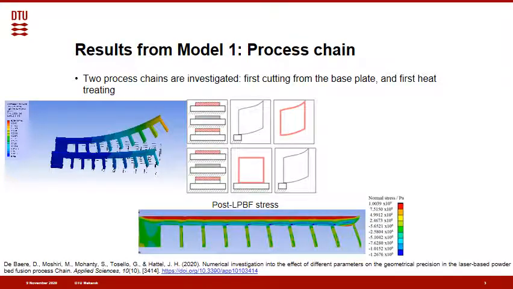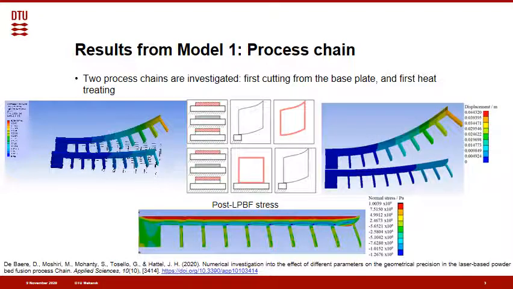If we look at the residual stresses just before the post-processes happen, we see the expected tension at the top of the beam and compression at the bottom. This results in bending of the beam, and we can clearly see the effect of the order of the post-processes, with the beam being heat treated first bending significantly less.